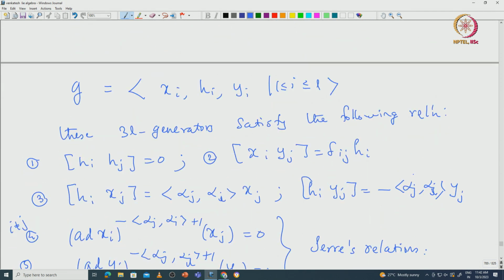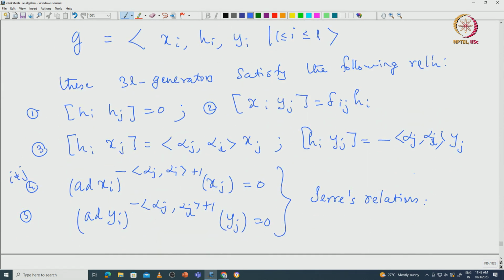So we are going to say that this semi-simple Lie algebra is completely determined by these generators modulo these relations. That tells you how to construct the semi-simple Lie algebra from a given root system, because the only data we need to know is how many generators we need.